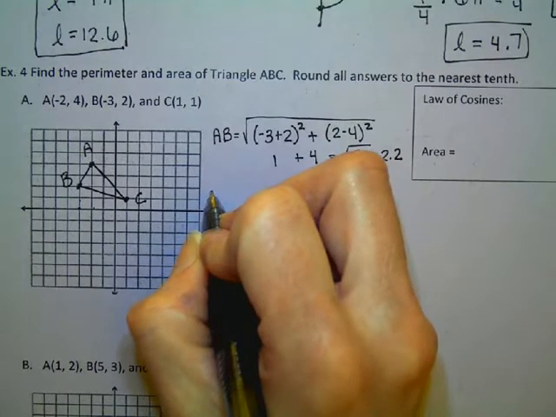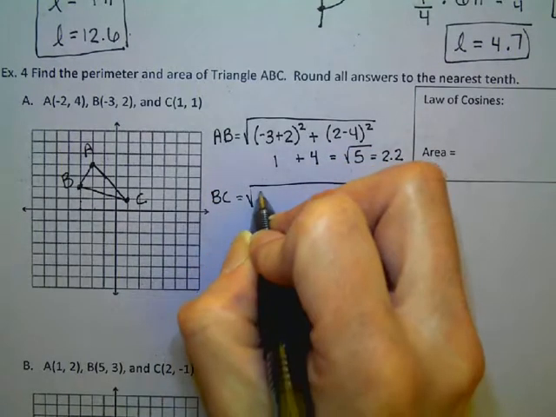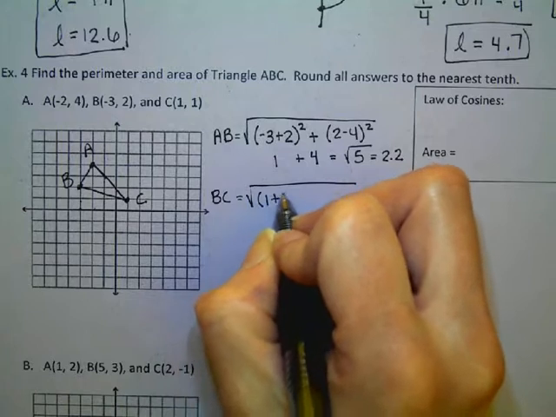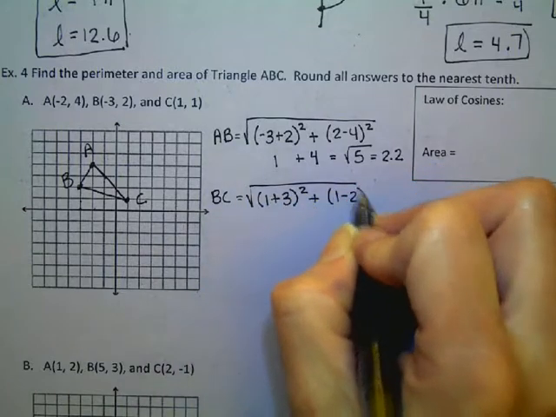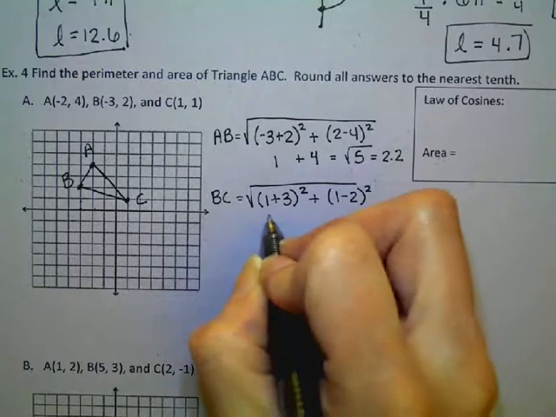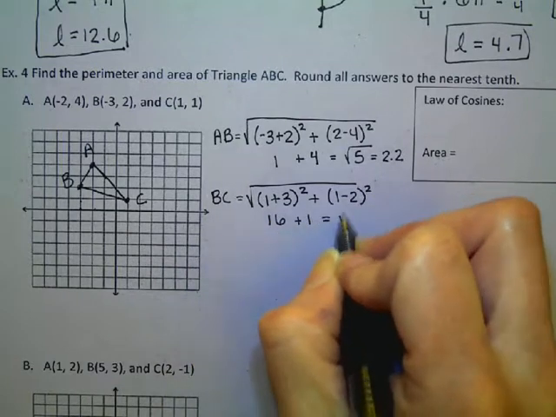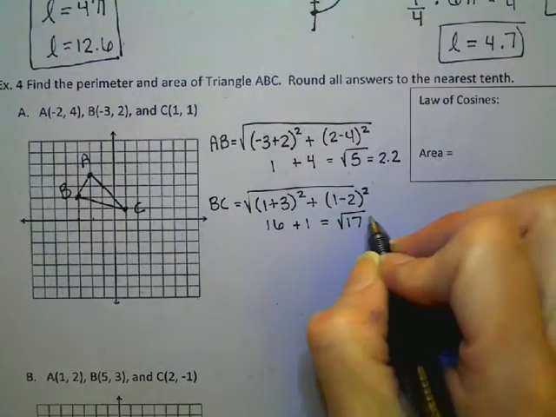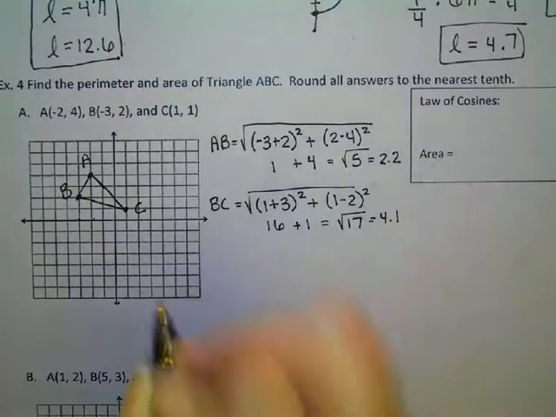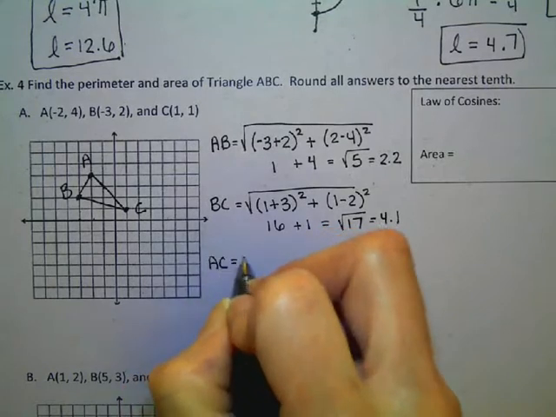So we get square root of 5, which is about 2.2. Fine. AC or BC, we can do that next. 1 minus negative 3 plus 1 minus 2. 4 squared is 16 plus negative 1 squared is 1, so I get square root of 17 this time. That is about 4.1.